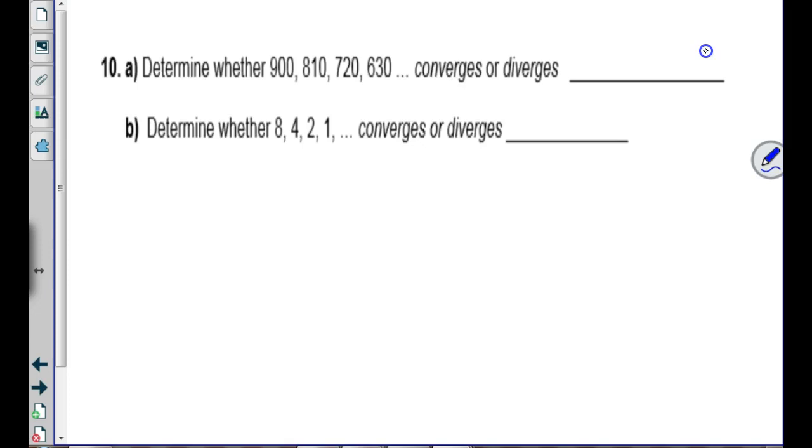This is what I wanted to get to. Converges, diverges. How do you decide? It has to be geometric with an R value less than 1 to be converging. This is subtracting 90. Eventually it's going to become negative, right? And just keep getting more and more negative.